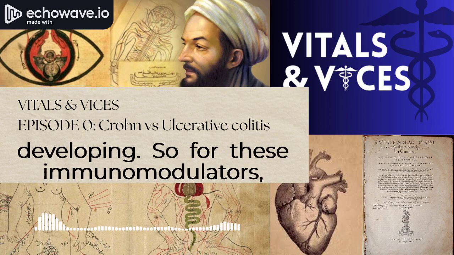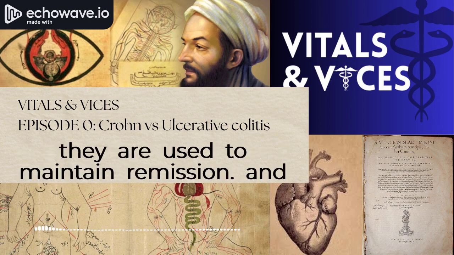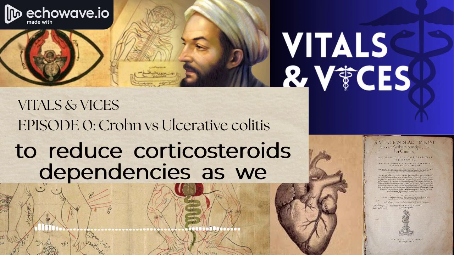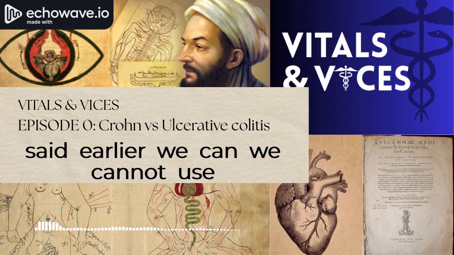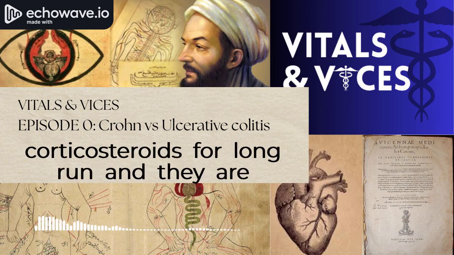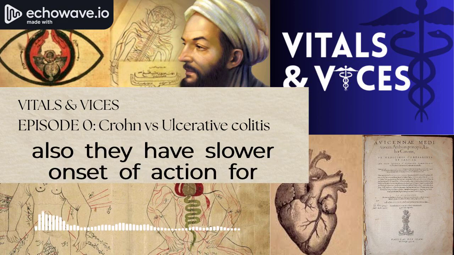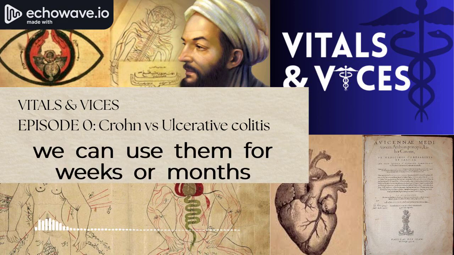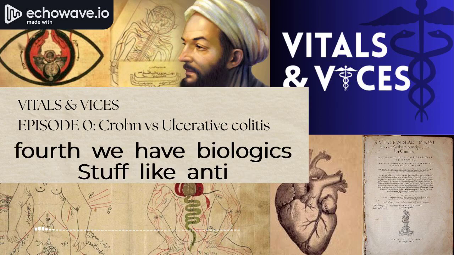So these immunomodulators are used to maintain remission and to reduce corticosteroid dependence. As we said earlier, we cannot use corticosteroids for a long run, and immunomodulators have a slower onset of action. We can use them for weeks or months.